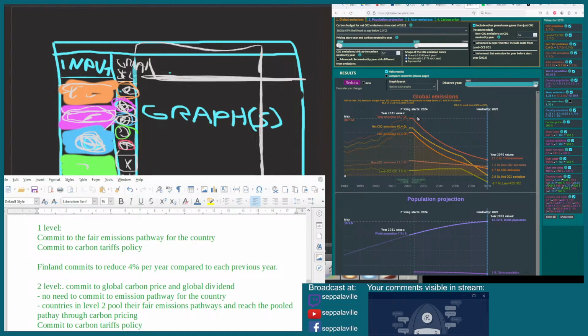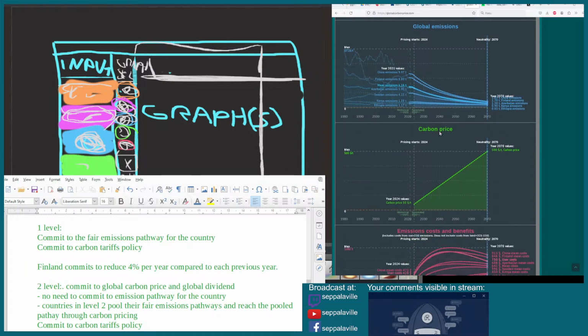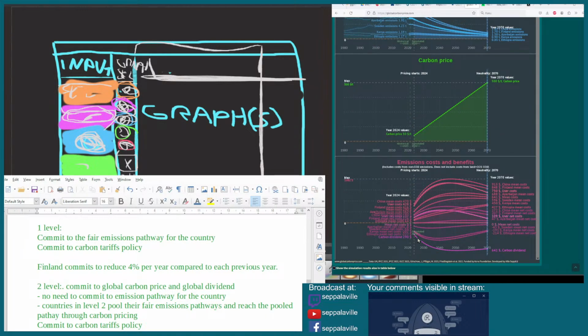For example, these total emissions would keep the same starting point, and then there would be a slow divergence at some point. The same goes for how it would affect these individual emissions and this cost and stuff like that. But that would be very nice to have.